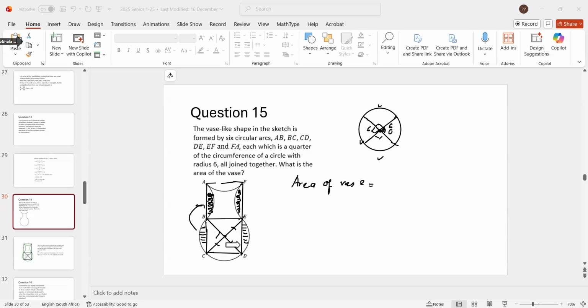Oh yes, there's also this part here as well. We also have this bottom part. We can cut this bottom part out and fit it exactly inside here.